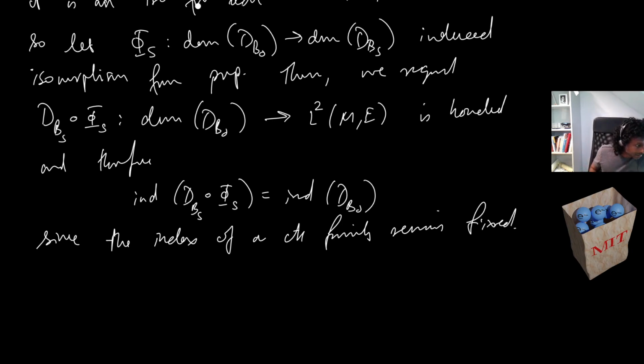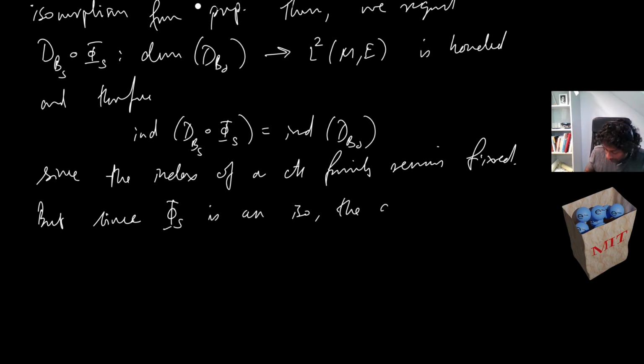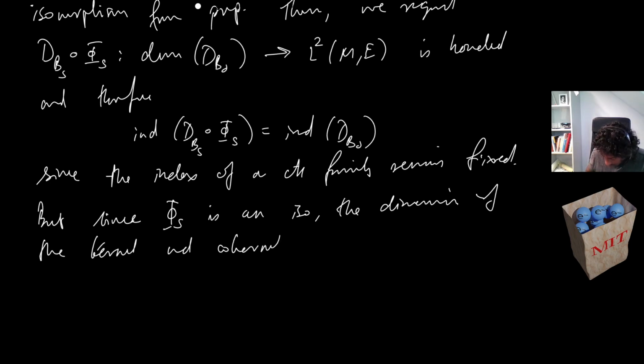Okay, but now the point is that the index of this D_B^S composed with phi of S is the index of D_B^S, right? Since phi of S is an isomorphism, the dimensions of the kernel and co-kernel remain unchanged.